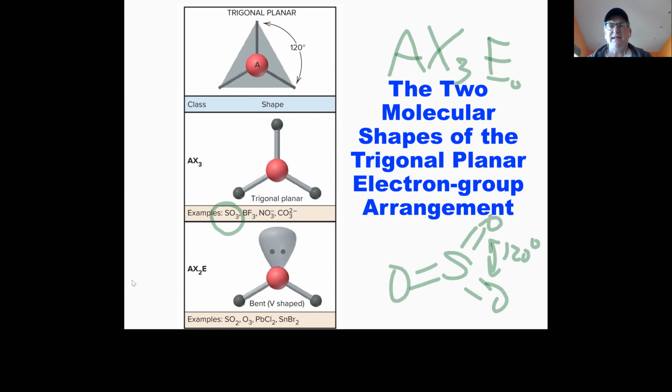So if something's completely symmetrical, can you have a difference in electron density on one side or the other? If it's completely symmetrical in every way. Yeah, I guess so.